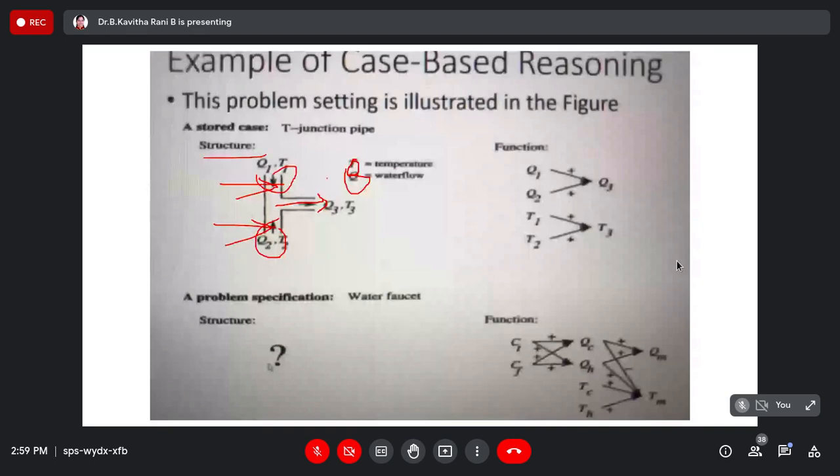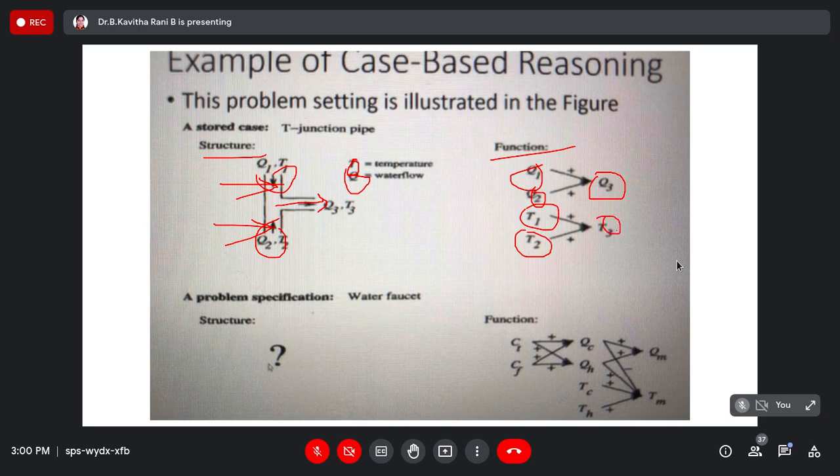If you see in function, Q1 and Q2, these two are increases in water flow. Then it should result in Q3. Similarly T1 and T2 are both increases in temperature, and it gives us T3, temperature 3.